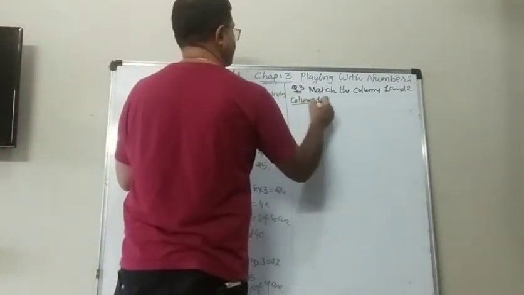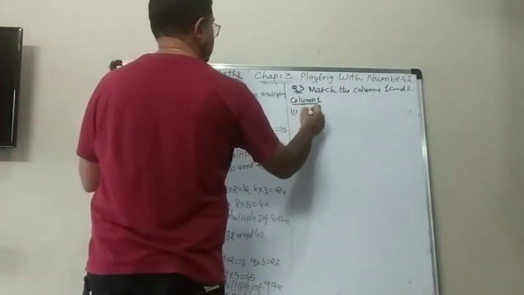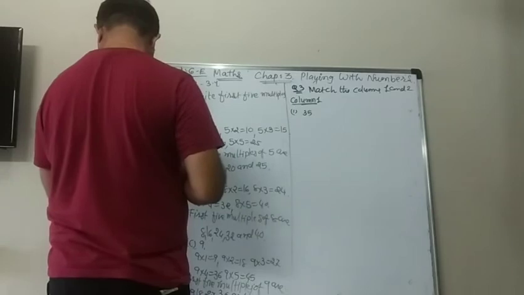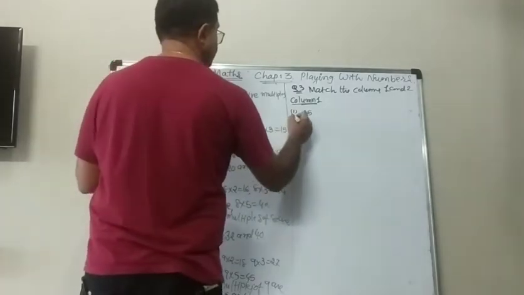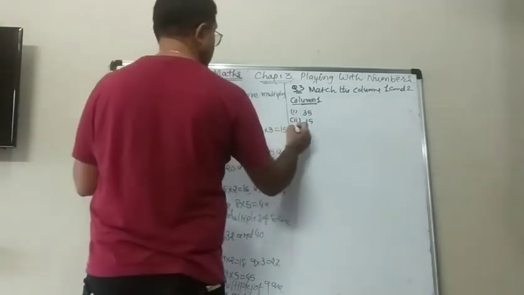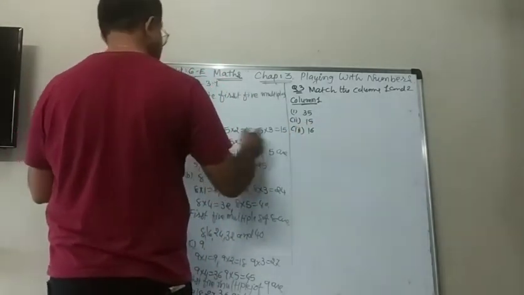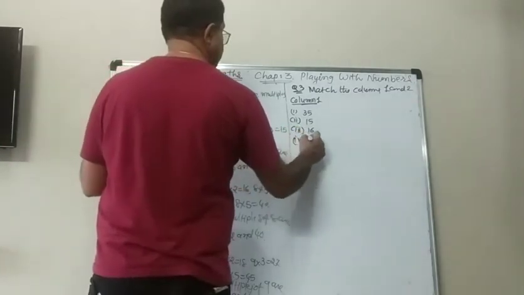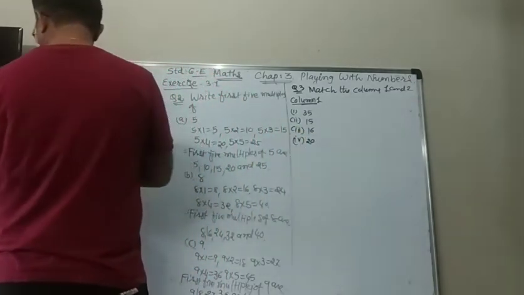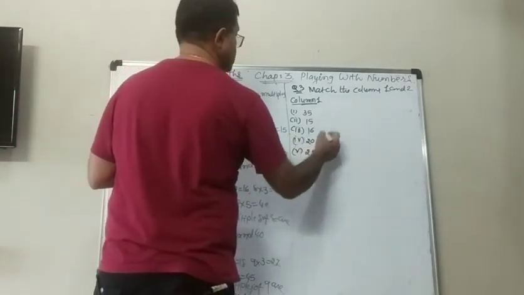In column 1, the first one is 35, second is 15, third is 16, fourth is 20 and fifth is 25.